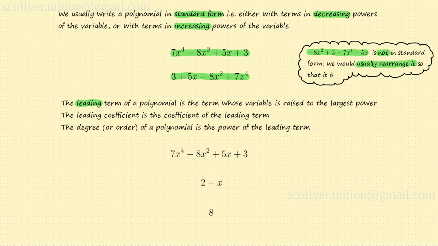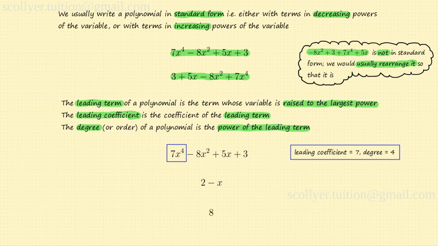The leading term of a polynomial is the term whose variable is raised to the largest power. The leading coefficient of a polynomial is the coefficient of the leading term. The degree, or sometimes order, of a polynomial is the power of the leading term.